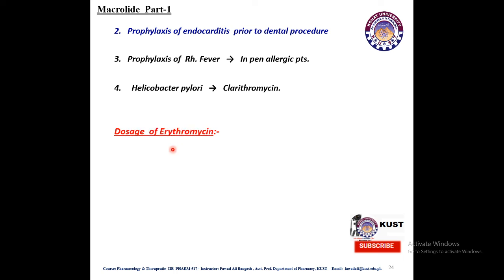Dosage of erythromycin: the oral dose is 250 to 500 mg QID, and for children 40 milligrams per kg per day. The IV dose of erythromycin is 0.5 gram 8 to 12 hourly.